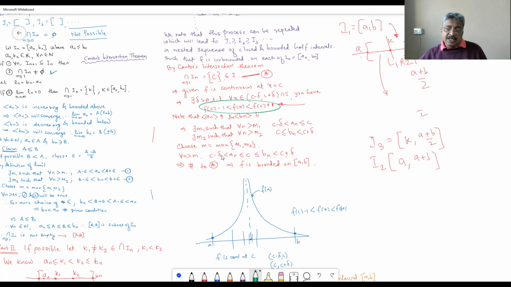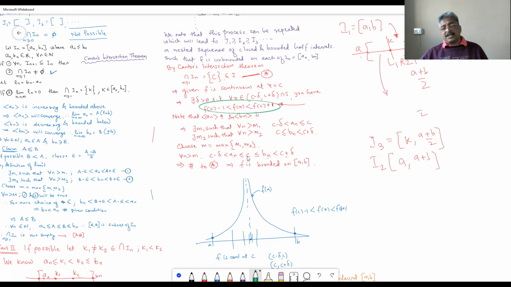Okay. And it is also said that between c minus delta to c plus delta, an and bn are inside. That means there exists a point c where the function is unbounded, because this an bn business that we have done is to catch the point where it is unbounded.